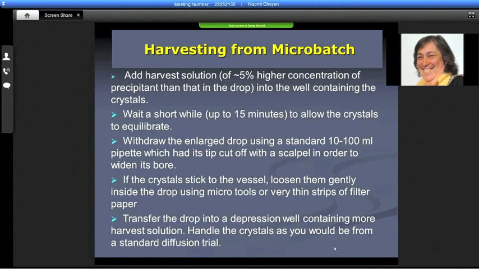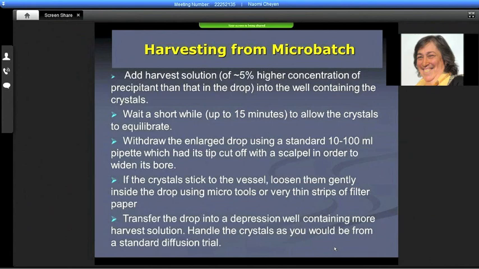And you can just suck up the whole thing. If the crystals stick to the vessel, you can loosen them gently inside the drop using a micro tool or strips of filter paper. And then you just transfer the drop into a depression well containing more harvest solution, and you handle them as you would from a standard diffusion trial.